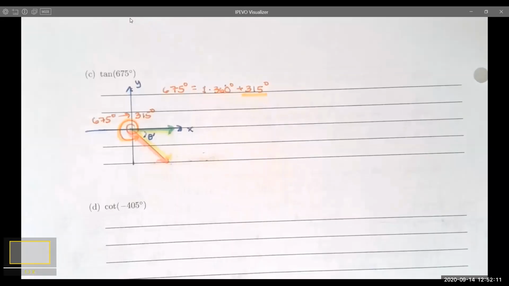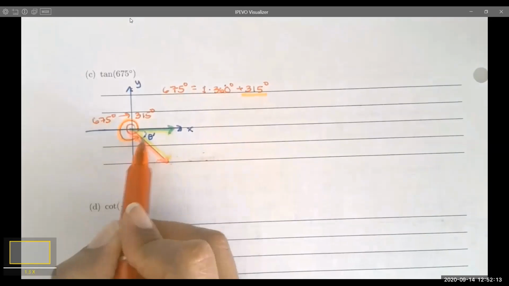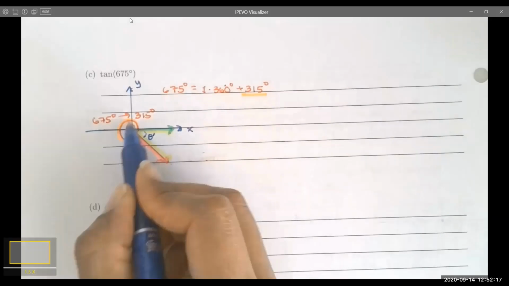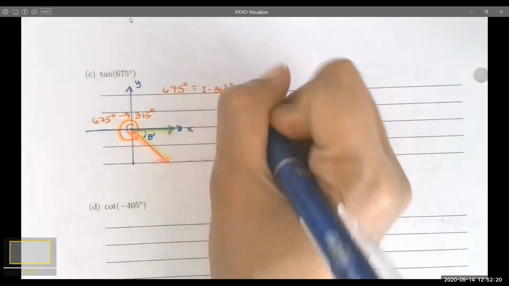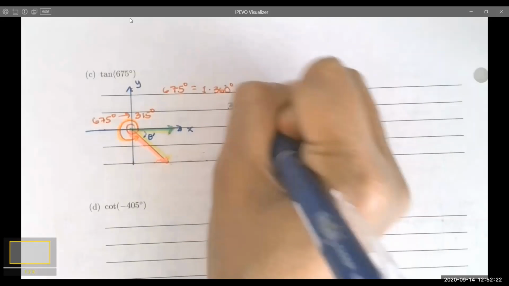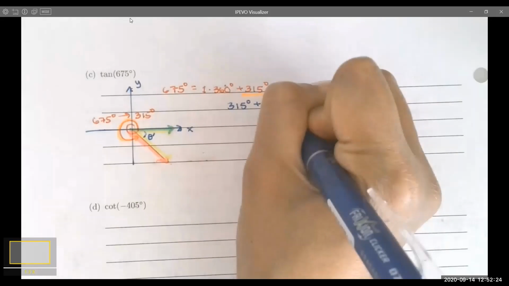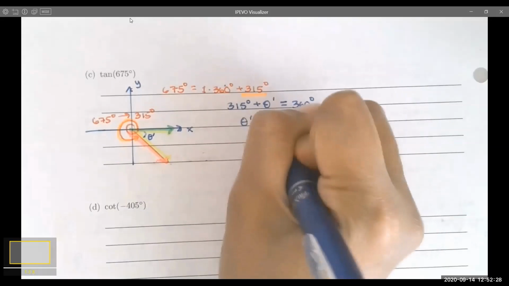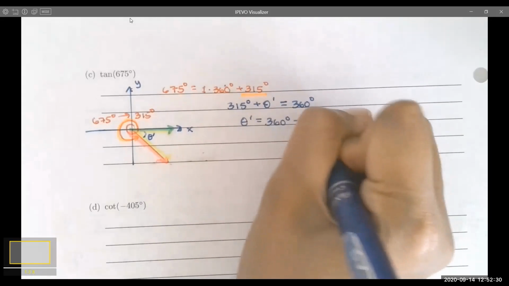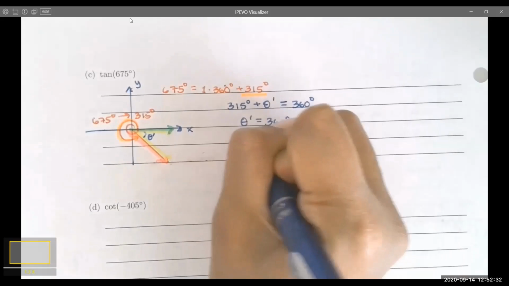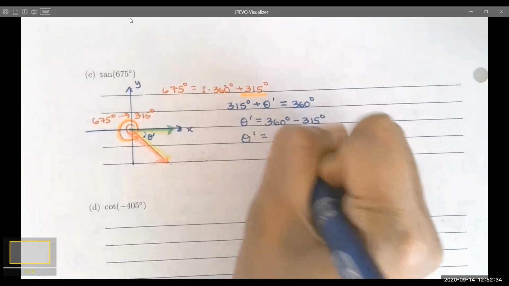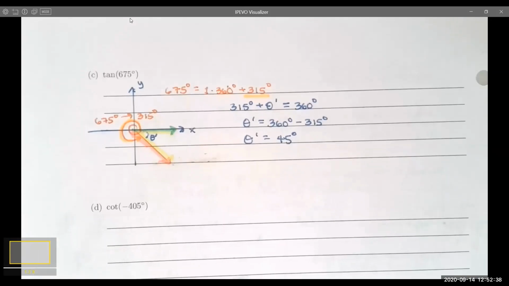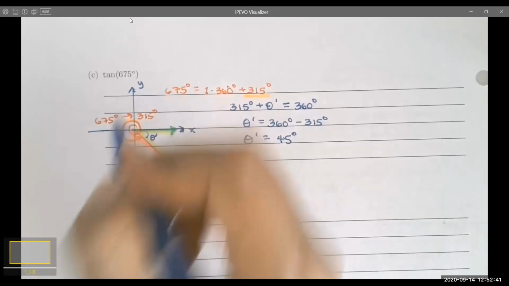Now, if I take that 315 and add it to the reference angle, it should complete one cycle, 360. So we're able to solve for theta prime in that way. That gives us 45.